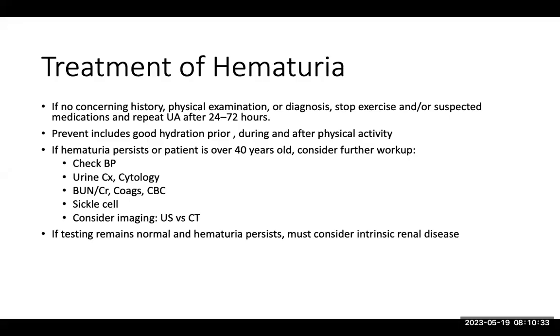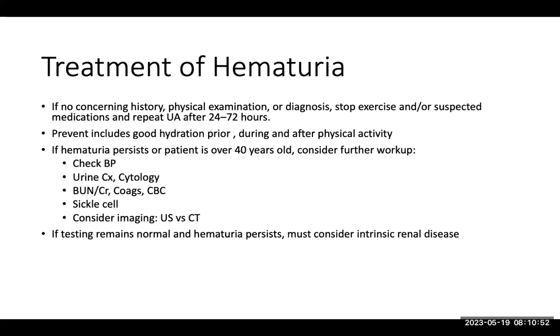Getting a urine culture, just to rule out any kind of UTI. Also important to get some baseline labs, a BMP, to see what their BUN and creatinine are. You want to see the electrolyte profile to see if anything is deranged. A CBC could also be helpful, because if there is anemia, there is again that concern that it could be coming from the kidney.